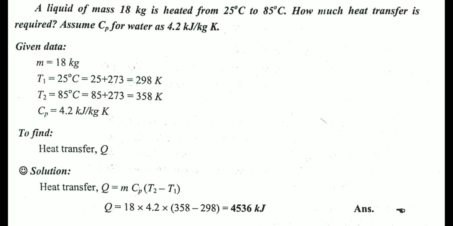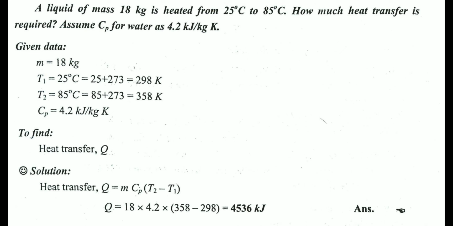Here Cp is given, so it is a constant pressure process. We know the heat transfer formula is Q equals m Cp (T2 minus T1). The amount of heat transferred is equal to mass into specific heat capacity into temperature difference. Temperature is given in degree centigrade, so to convert into Kelvin, I have to add 273.